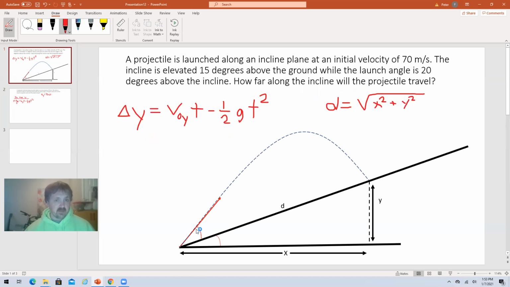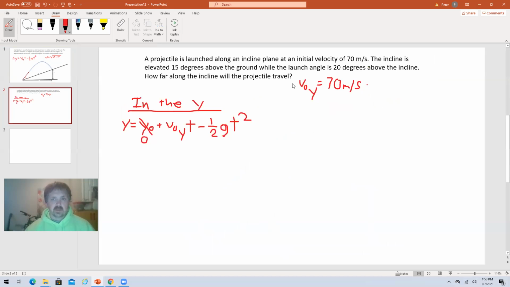And the angle that it deviates from them will be the sum of these two adjacent angles, right? They share this vertex, and that'll be 35 degrees since this is 15, right, and this is 20. Okay, so multiplied by the sine theta, which is simply 35 degrees.